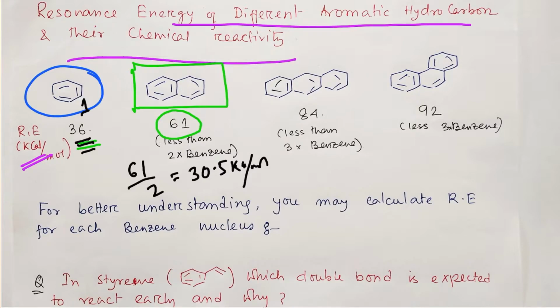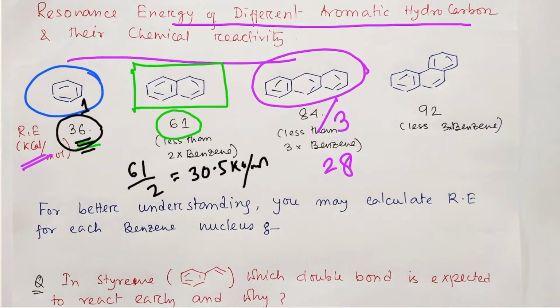And anthracene is 84 by 3, so per benzene nucleus you can say it's 28. So I always suggest students, please don't get confused: in case of benzene it is 36 kilocalorie per mole, in case of naphthalene 61, in case of anthracene 84, and in case of phenanthrene 92. So who is maximally stable with respect to per nucleus?